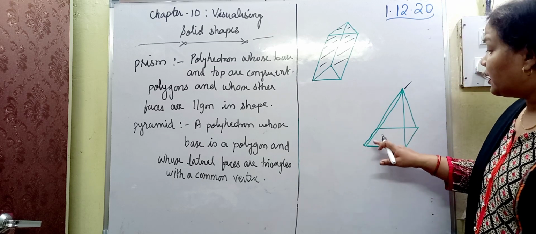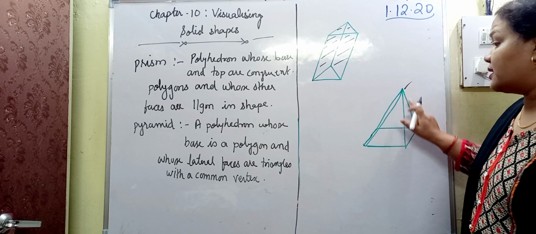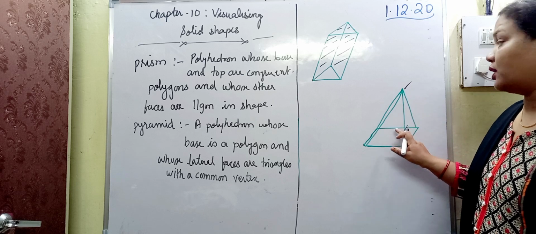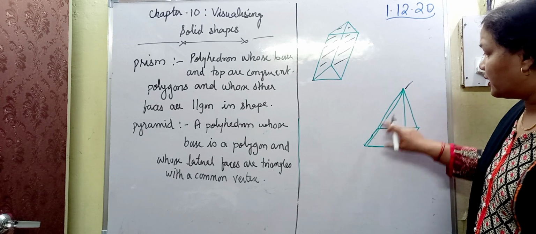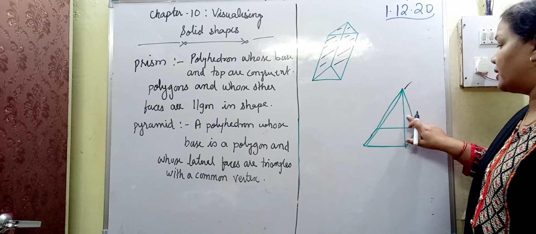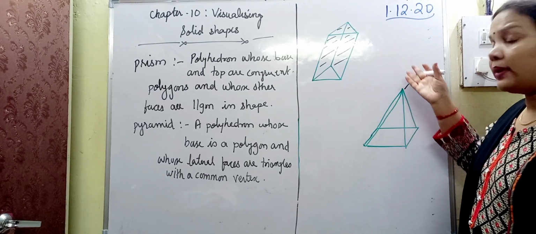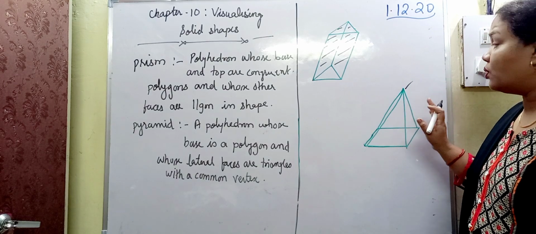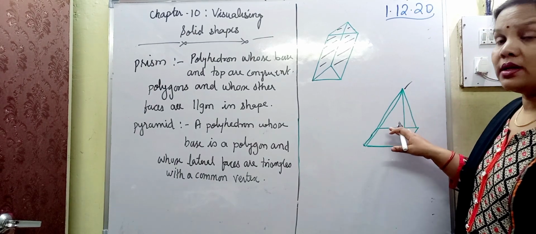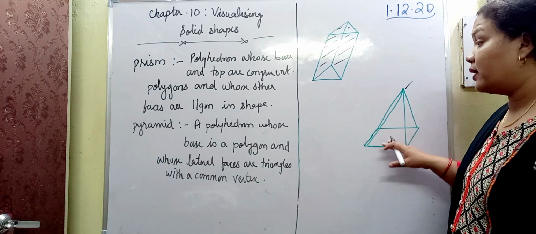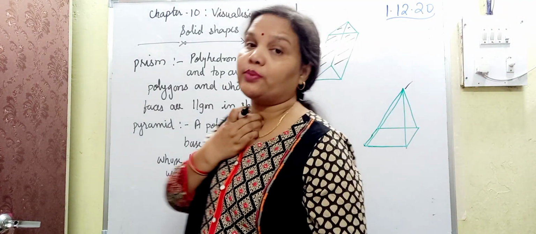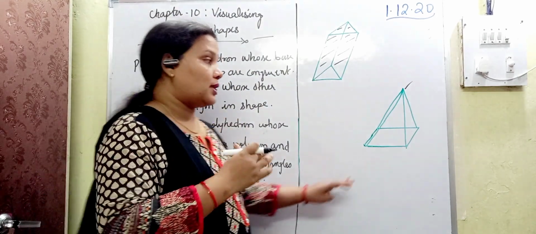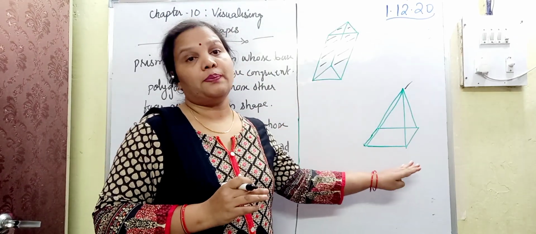Each of these faces is triangular with a common vertex. Here each face is a triangular shaped surface. This side is also triangular, this side is also triangular, and the other side and the back side are also triangular. So what is a pyramid? A pyramid is also a polyhedron where the base is a polygon and the other lateral faces are triangular. This is the difference between prism and pyramid.